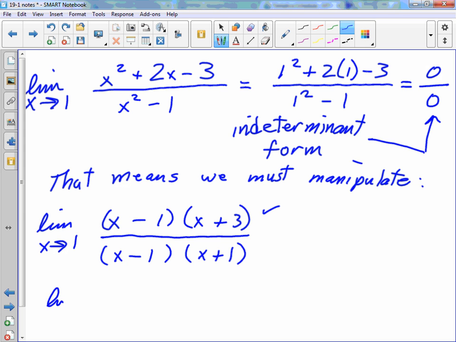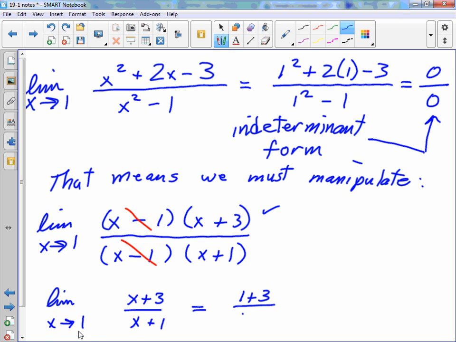Now we can say the limit as x approaches 1 of, these guys can divide out, x plus 3 over x plus 1 equals 1 plus 3 over 1 plus 1. Remember, Phoenix, I saw what you were trying to do there.